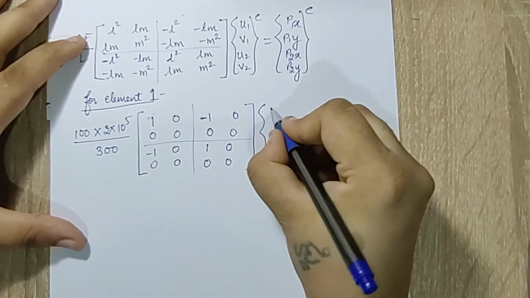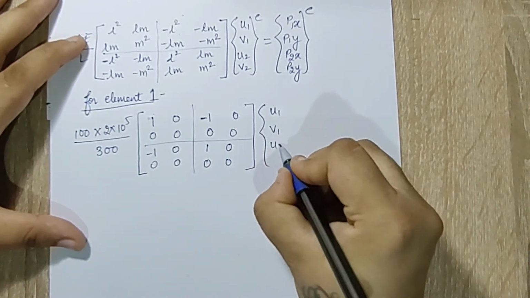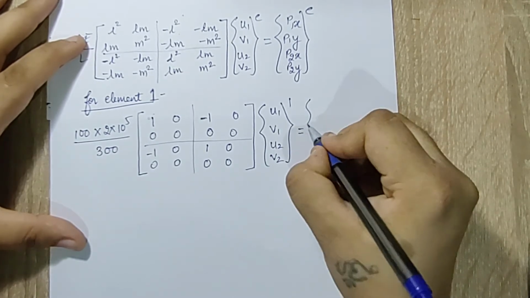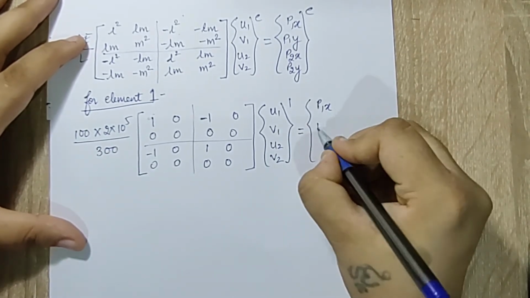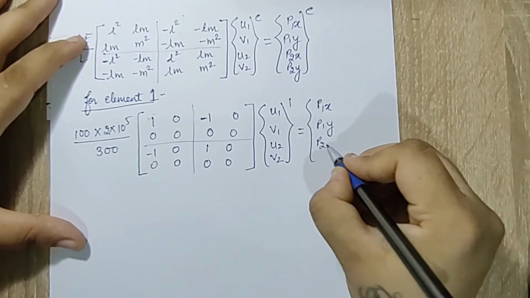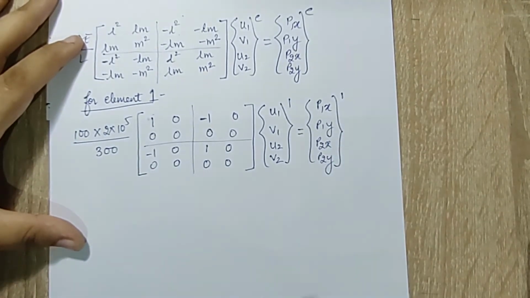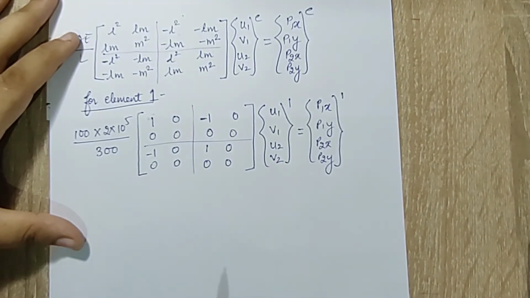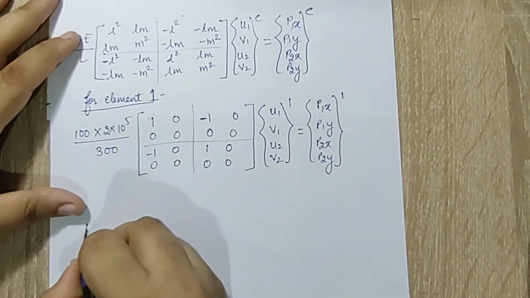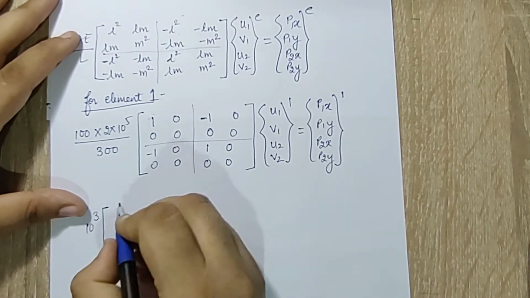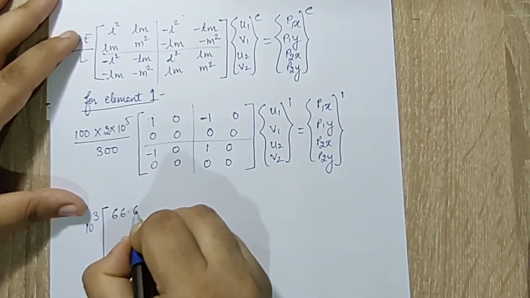Here I'll write down U1, V1, U2, V2 raised to 1 is equal to P1x, P1y, P2x, P2y raised to 1. Now I'll solve this. On solving, I get a 10 raised to 3 outside, and the number which I have to multiply inside is 66.67.